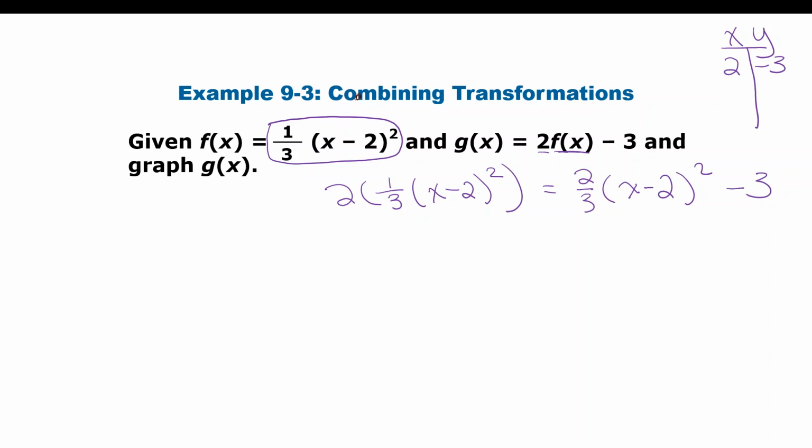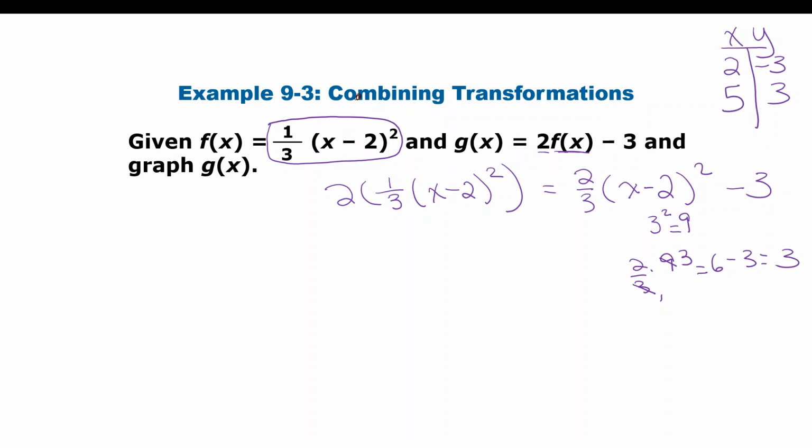We could also try 5. 5 minus 2 is 3. 3 squared equals 9. 2/3 times 9 is 6. And 6 minus 3 equals 3. So that's when x is 5.